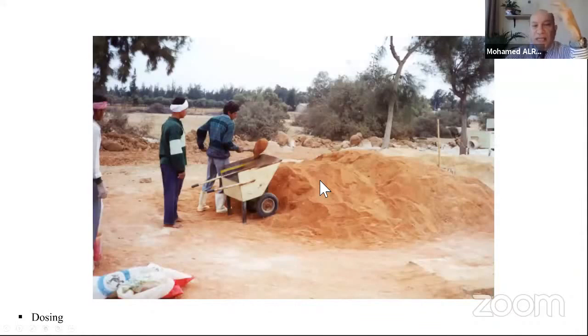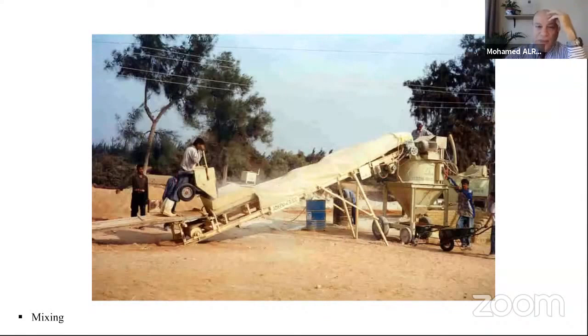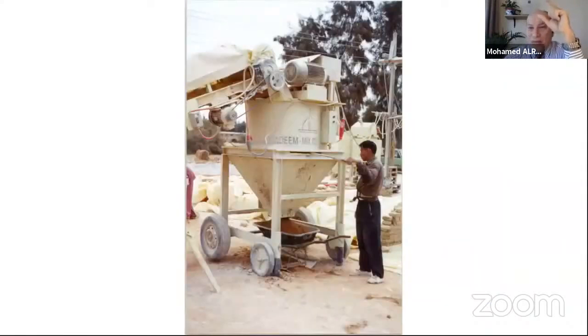And then we do the dosing. We add the stabilizer and mix with a small amount of water. We just use between 12 to 15% by weight. And this is a dry-moist status.